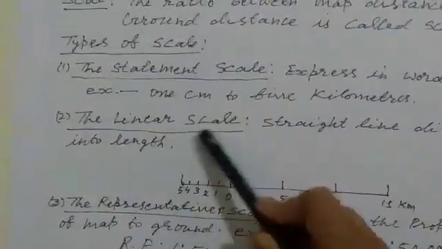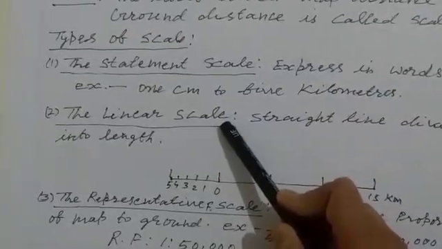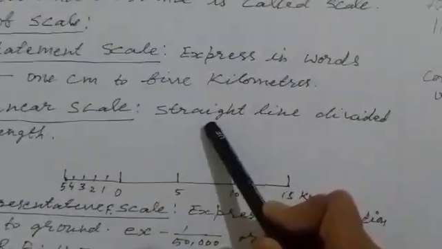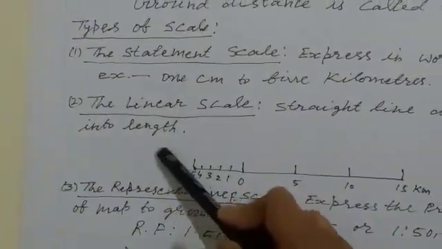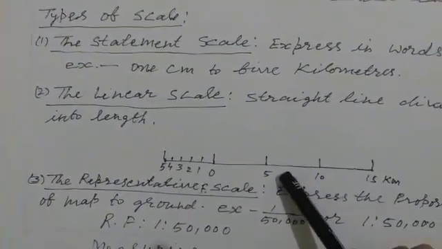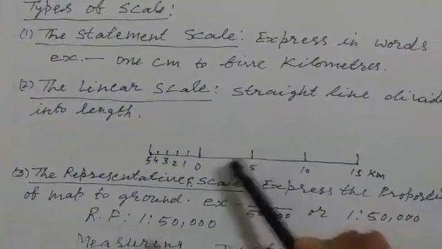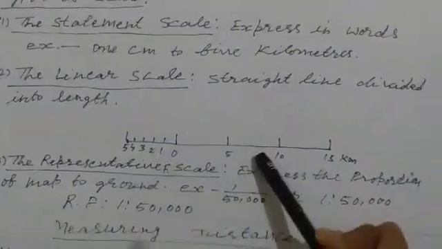Second, the linear scale. In this scale, a straight line is divided into lengths. The length is divided into two parts, primary part and secondary part.